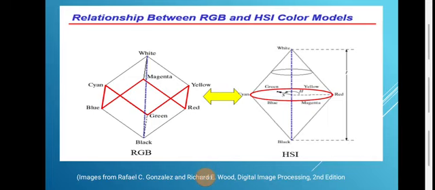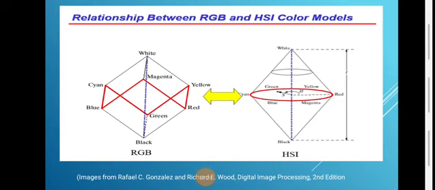We will see the geometrical representation and formulas in later slides. This center plane is the red to blue plane. When we move the center plane along the black and white axis, we obtain different gray level values.